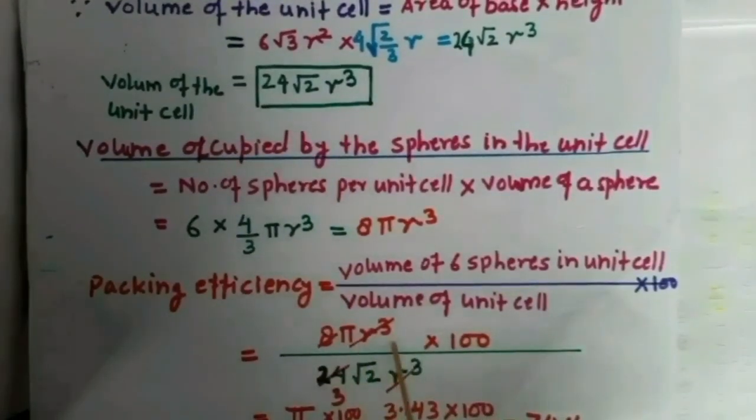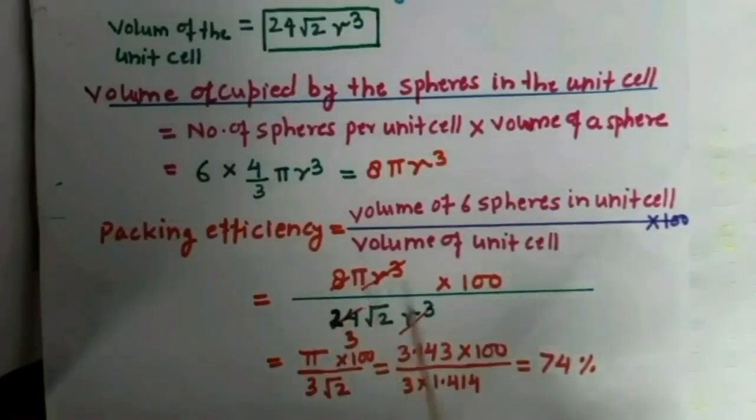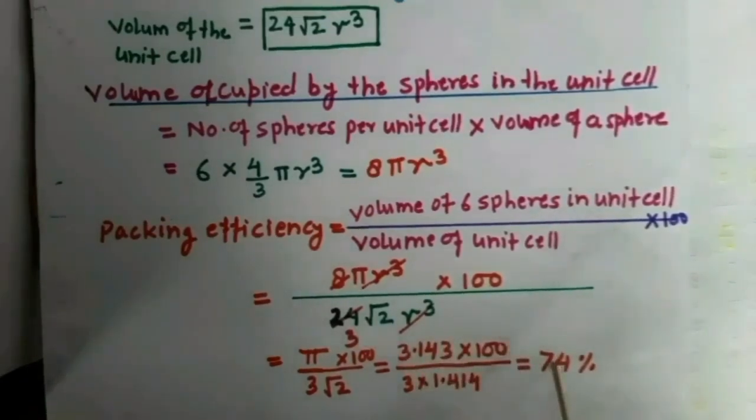So 8 pi r cube divided by 24 root 2 r cube will cancel out. Pi divided by 3 root 2 multiplied by 100. On simplifying this, the value of pi is equal to 3.143 divided by 3 multiplied by the value of root 2 is equal to 1.414 multiplied by 100. On solving this, we get the packing efficiency as 74%.